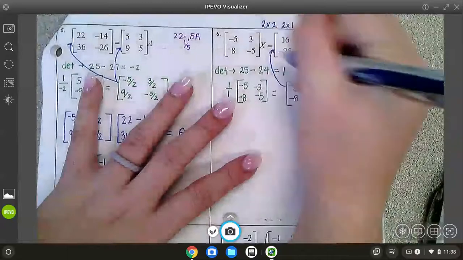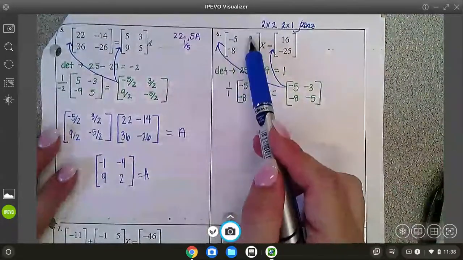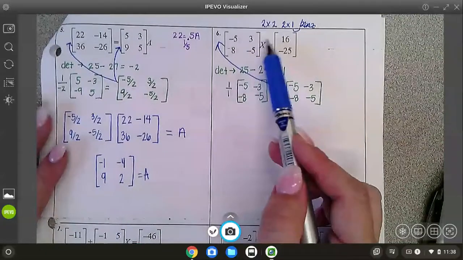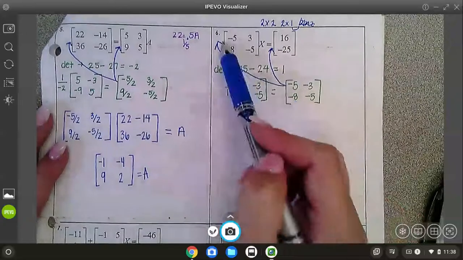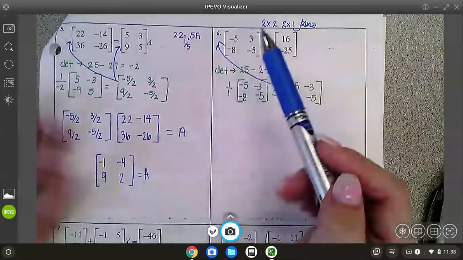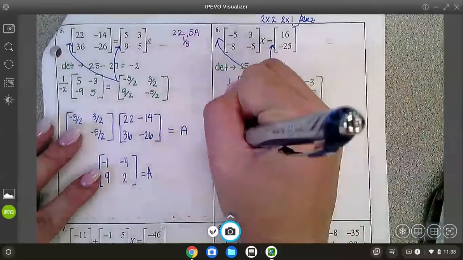So we got to put it in the front. So whenever we multiply by our inverse, essentially those are going to cancel out. So you don't have to show that multiplication. That essentially cancels. But we do need to do this.